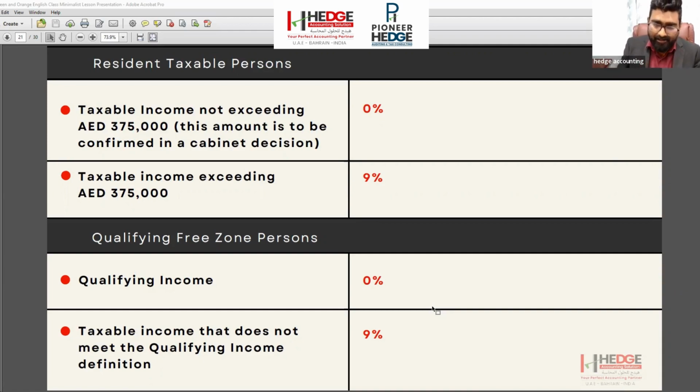If you change these establishments to LLC companies or sole proprietorship LLC, each company will get an artificial person status. Then each will be treated separately. That is 300,000 no tax, 300,000 no tax, next 300,000 no tax. If it is LLC only, I am saying. Hope you understood this topic.